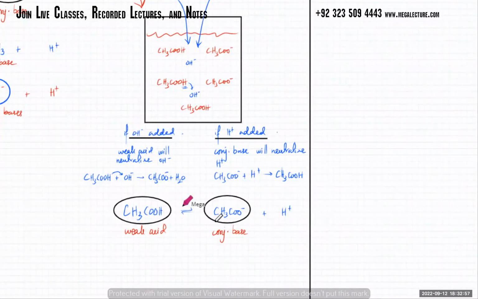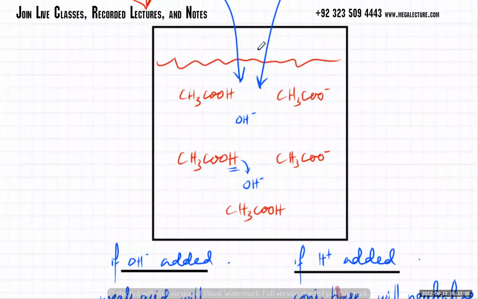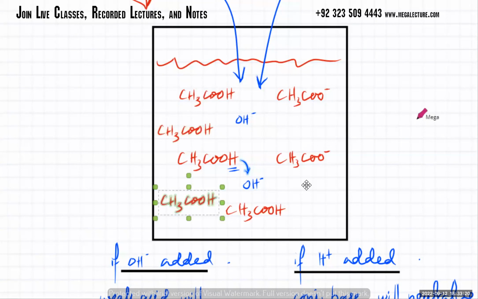These ions will be very few. It's not going to be a lot because remember, ethanoic acid does not ionize much. So the solution would actually look like this: it's going to have a lot of ethanoic acid. So the quantity of ethanoic acid would be a lot. You remember, ethanoic acid is a weak acid, so it's not going to ionize a lot. So here's another ethanoic acid, here's another one.